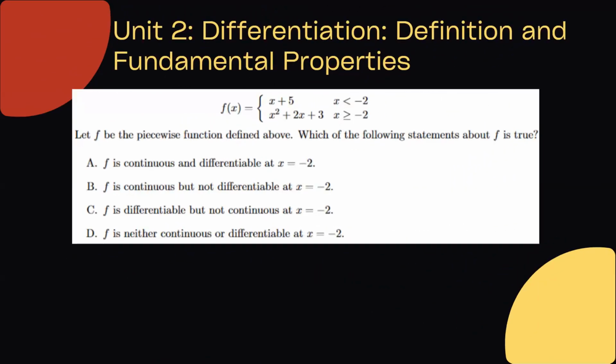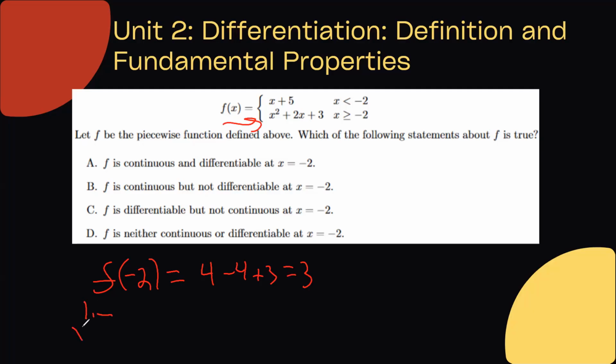Let f be a piecewise function defined above. Which of the following statements about f is true? All of them deal with differentiability and continuity. So first, is f continuous at x equals negative 2? So f of negative 2, we would have to use the bottom piece, which would be 4 minus 4 plus 3 equals 3. That's the function value.